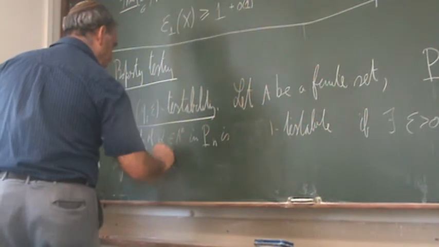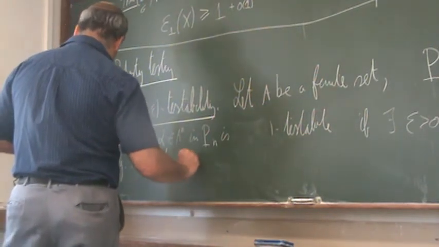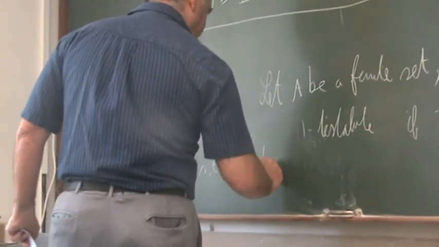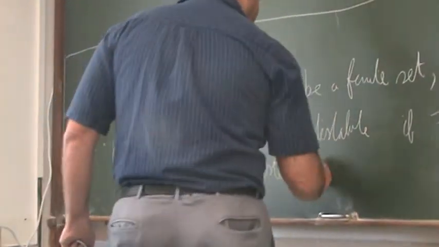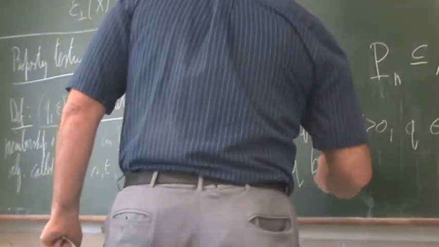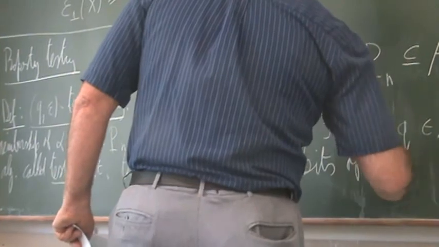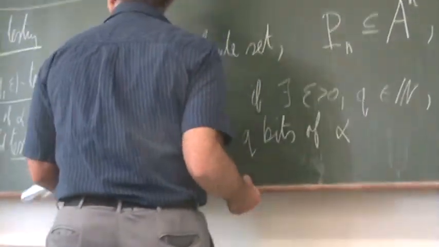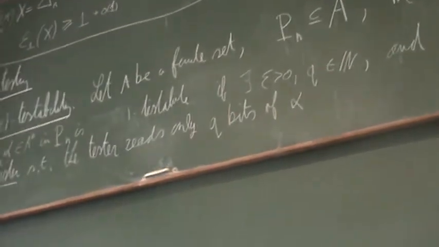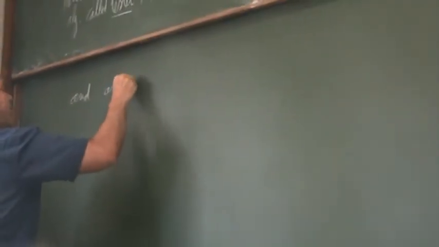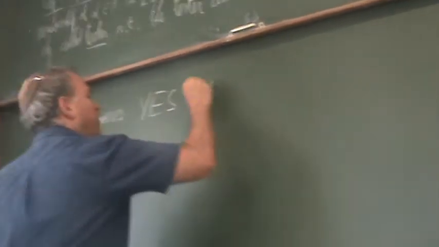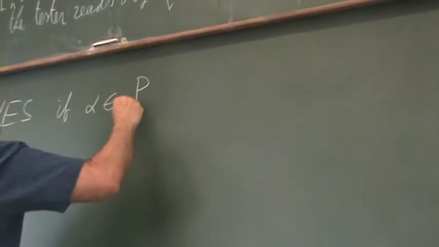There is a tester such that the tester reads only Q bits of alpha and answers yes if indeed alpha is in Pn.